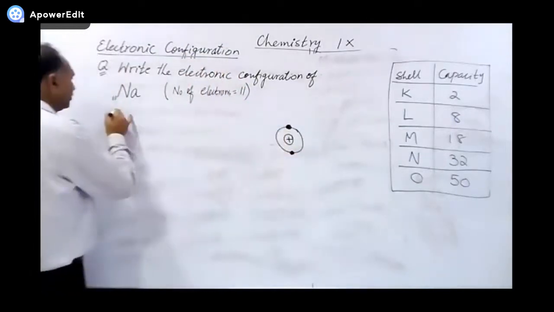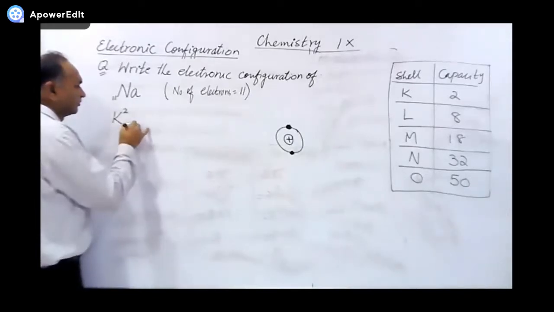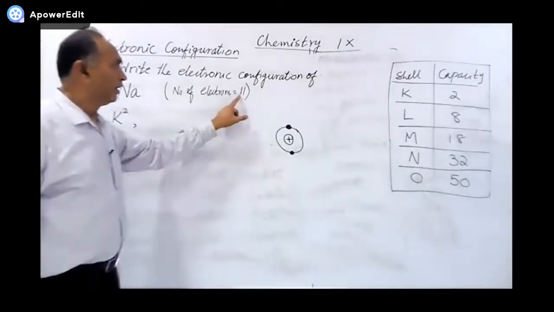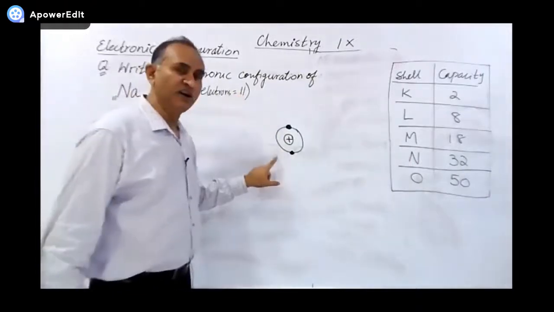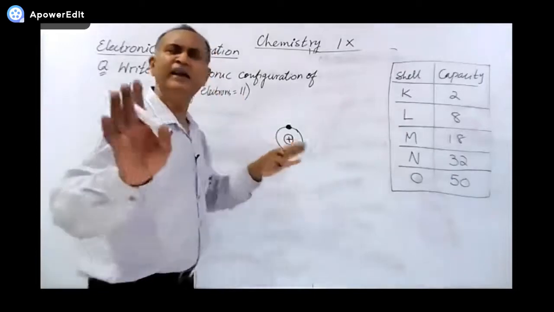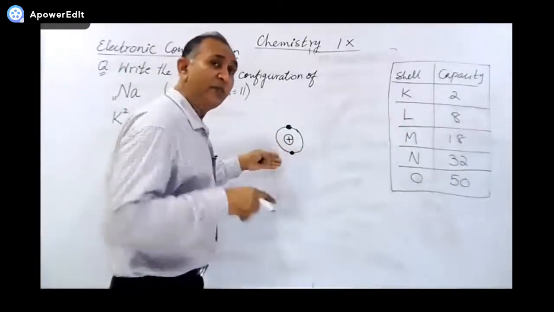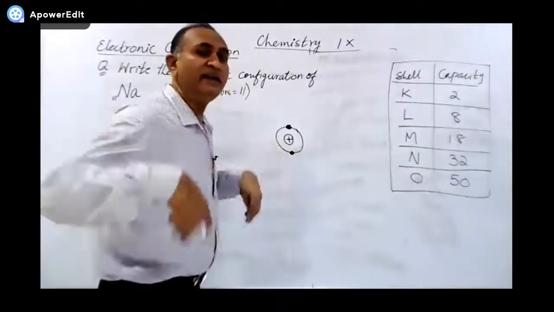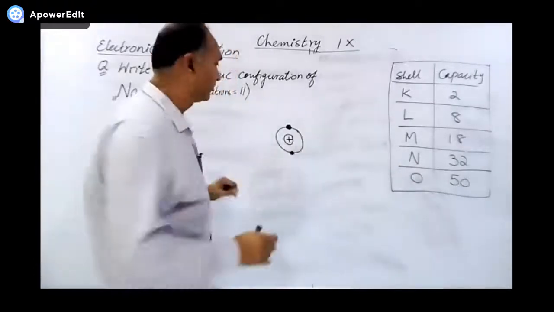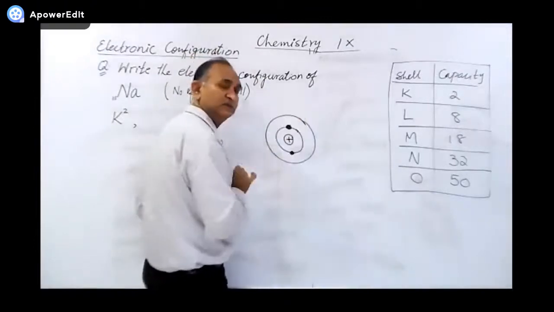So K is holding 2 electrons. Out of 11, 2 are in the first shell. How many are left? Suppose there are 11 guests, 2 are here. How many are left now? 9. They will accommodate in the next room, the L shell.